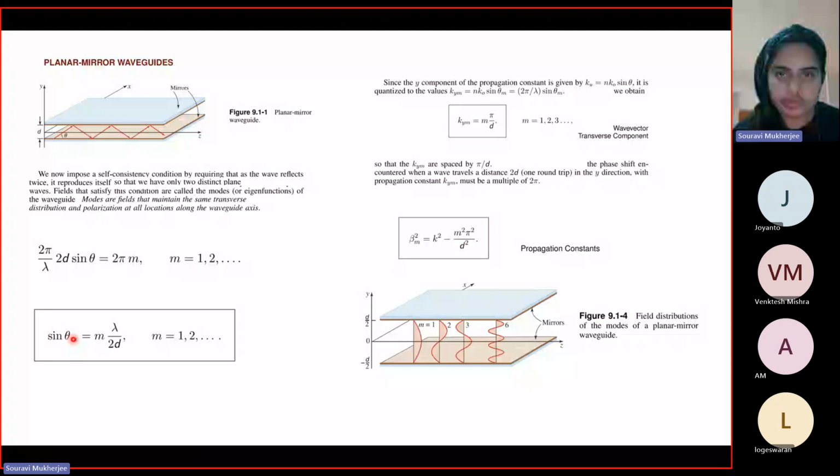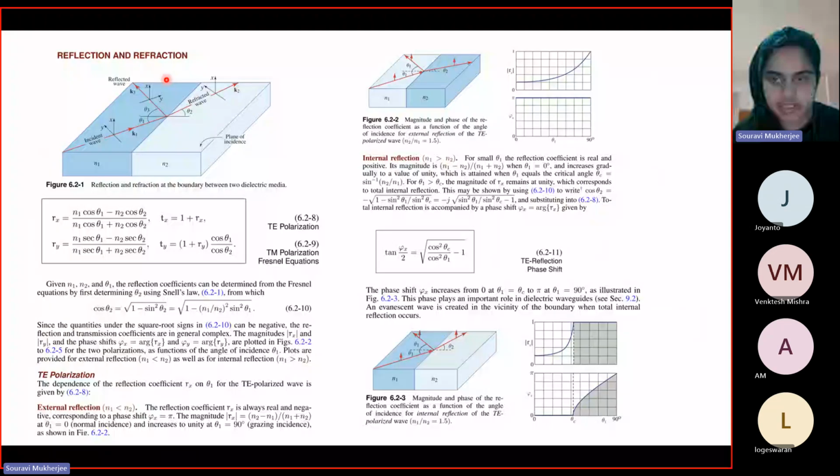And you can see that if this is the limit, suppose for this kind of plot sine theta c is given as 8 lambda by 2d. If you count, you would see that you have 9 modes. So if you know the relation between your sine theta c value and your lambda by 2d, and you find the ratio of the two, you can get an estimate of the number of modes that your waveguide can support.